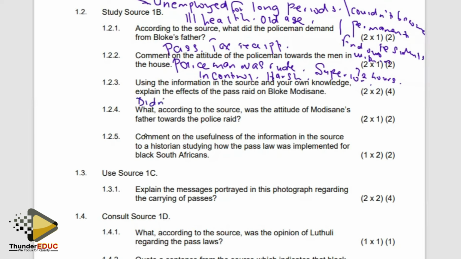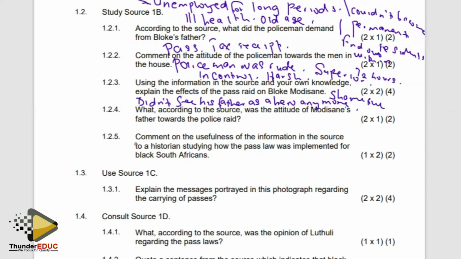Another one, he felt shame towards his father. And also you can talk about resentment towards his father for allowing the young policeman to address him impolitely.